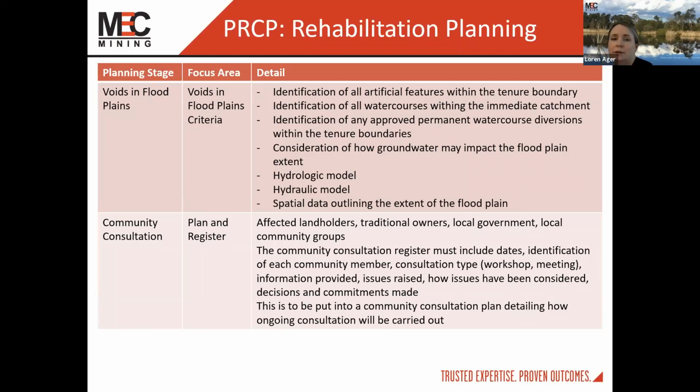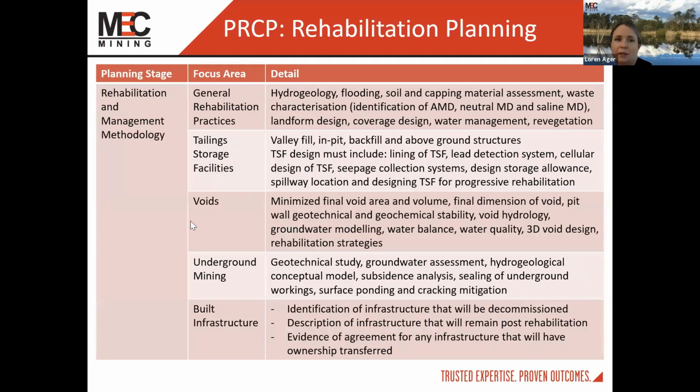When we then look at the rehabilitation and management methodologies, we can see that once it's taken into consideration what the community needs are and what the mine planning requirements are, all these areas need to be discussed in terms of rehabilitation. So general areas of rehabilitation practices, tailing storage facilities, voids, underground mining, and built infrastructure all need to be considered.